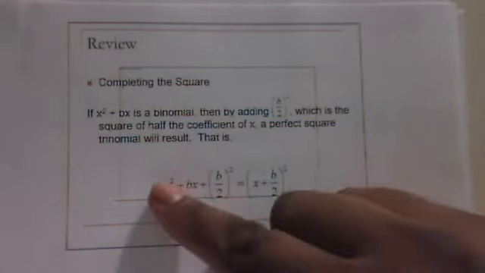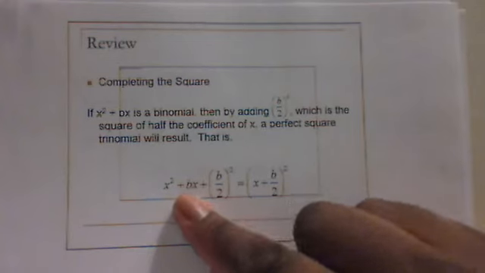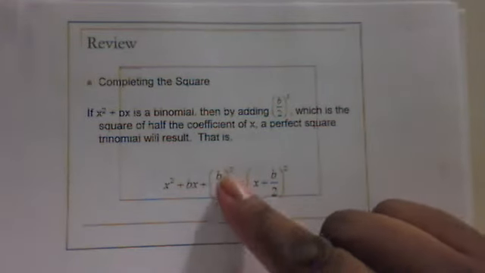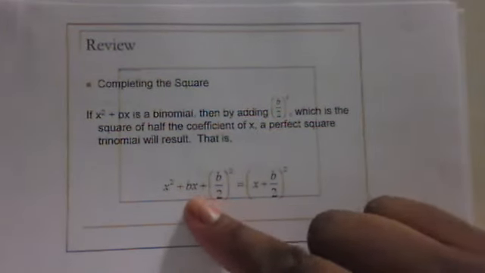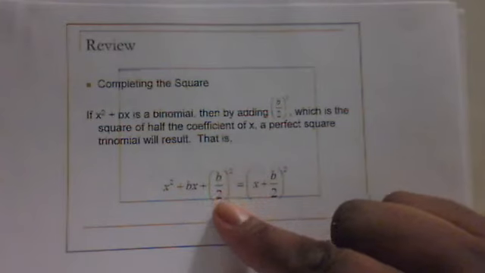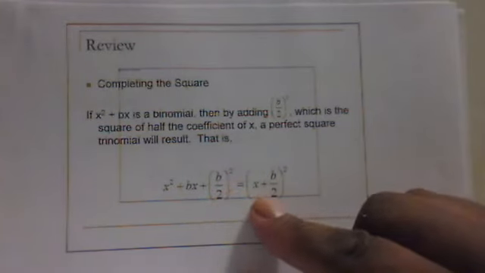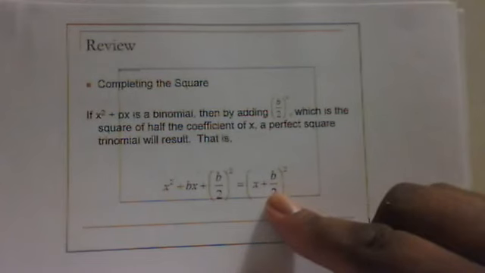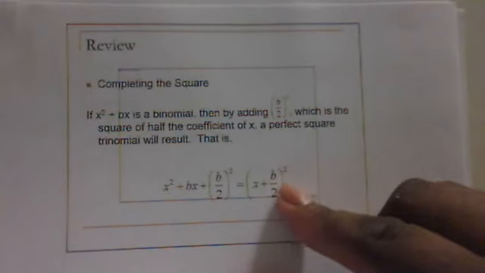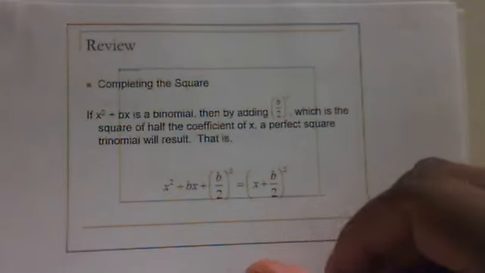Okay, so that means you'll have x squared plus bx, and then plus you'll take 1/2 the coefficient of x, which is, of course, b over 2, and then you'll square it. And then when you factor it, it's going to be x plus 1/2 the coefficient of x, and that quantity is going to be squared. Okay?